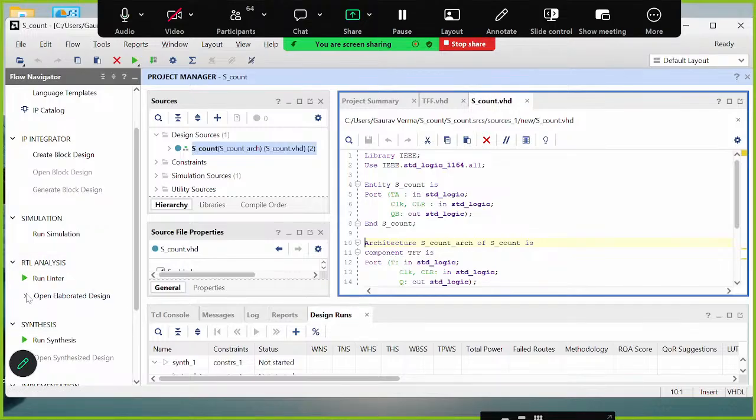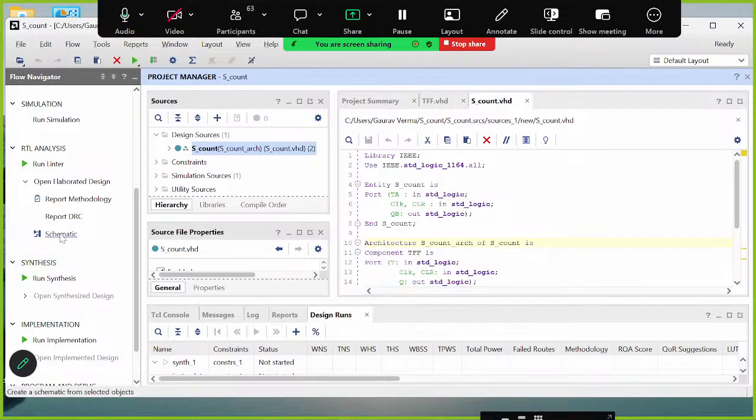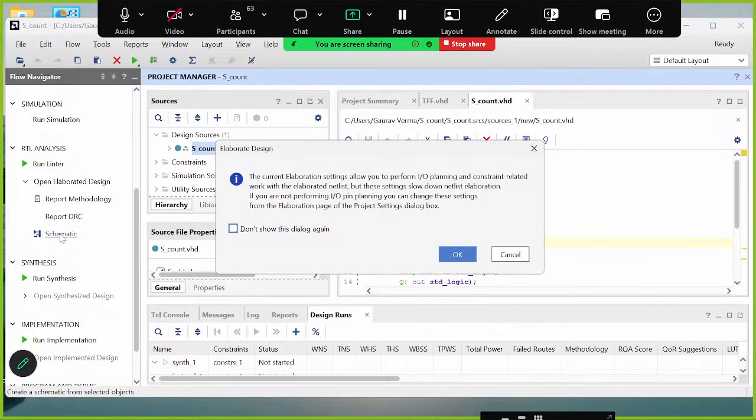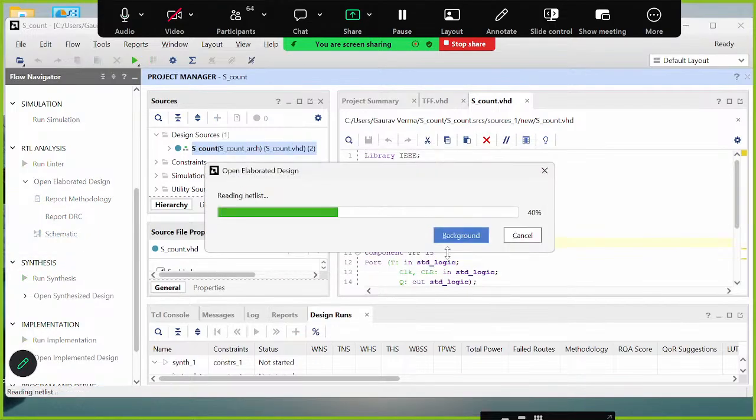Before simulation, let's check whether there is any change in the hardware schematic done by the synthesizer, because we have added an XOR gate now intermediately. So definitely there would be some addition in the hardware. That we need to verify.